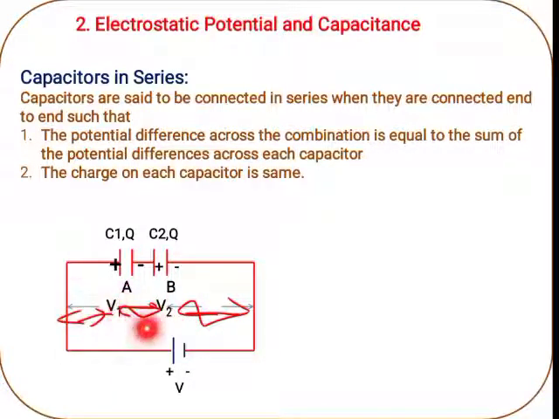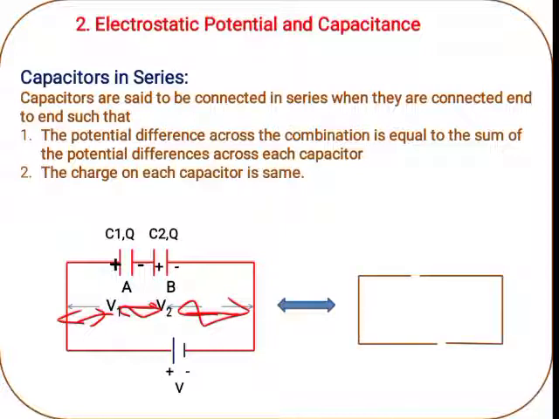The potential difference across the combination is equal to the sum of the potential differences across each capacitor, which means the potentials are not the same. For this one it is V1, for this one it is V2. So let me redraw the same diagram.